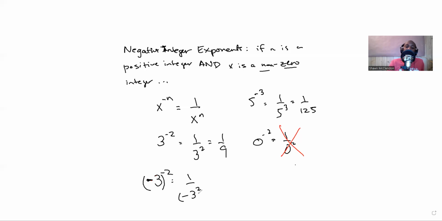So now you have 1 over that to the positive 2 power. And so that ends up being 1 over 9. Why? Because you have -3 to the second power, which is -3 times -3. And if you remember, a negative times a negative gives you a positive. Be careful with your signs, y'all. Just take your time.